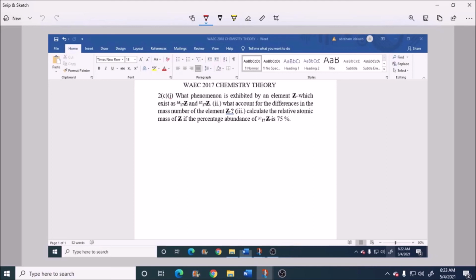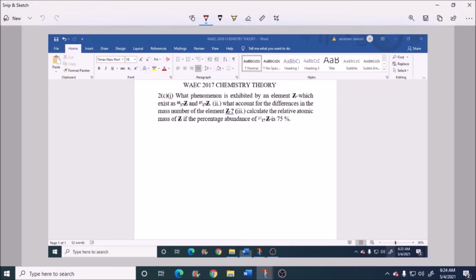Now to the Roman figure 1, we are asked for the phenomenon exhibited by an element given as symbol Z, which exists with mass number 35, then another one having mass number 37, each of them having 17 as their atomic number. The phenomenon exhibited by this element is what is referred to as isotopy.